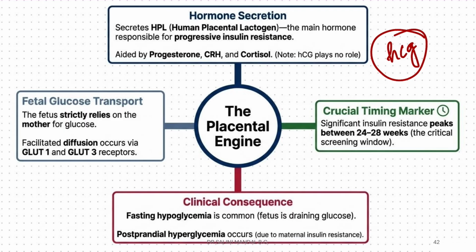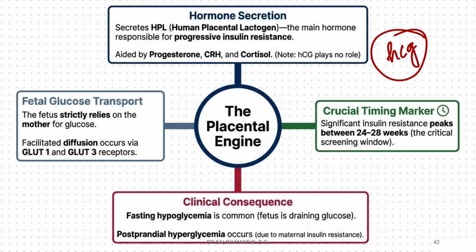Now, this insulin resistance peaks between 24 to 28 weeks. That is the particular screening window. And we know that when we talk about insulin resistance, the fetus depends entirely on the mother for glucose, right?